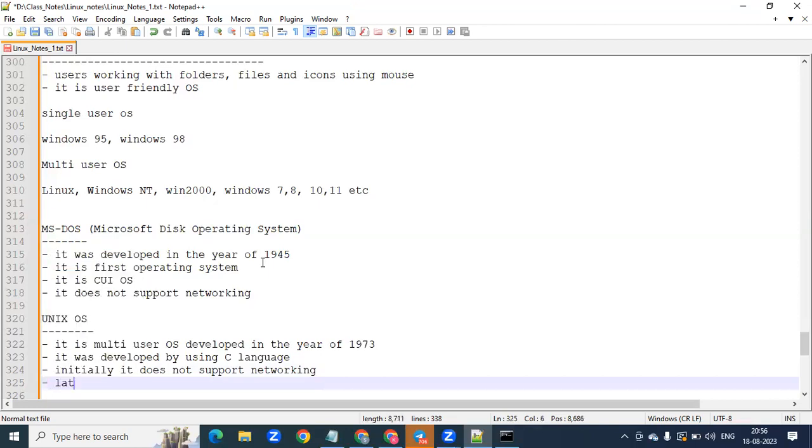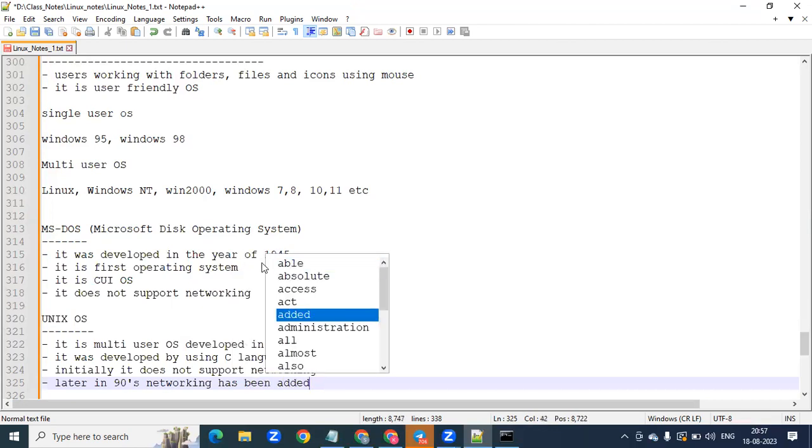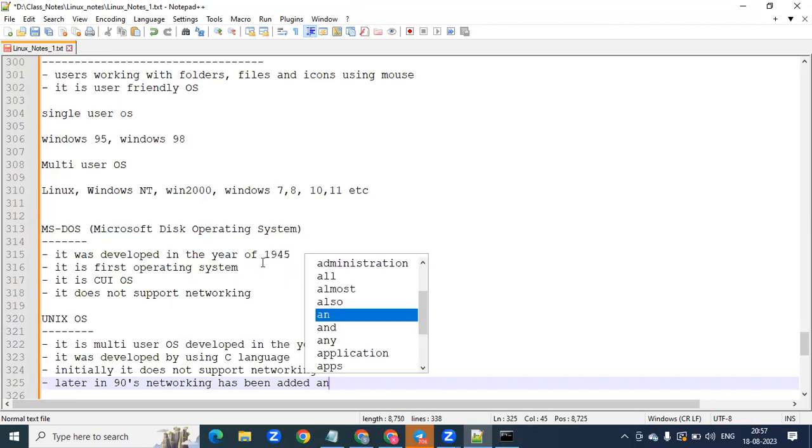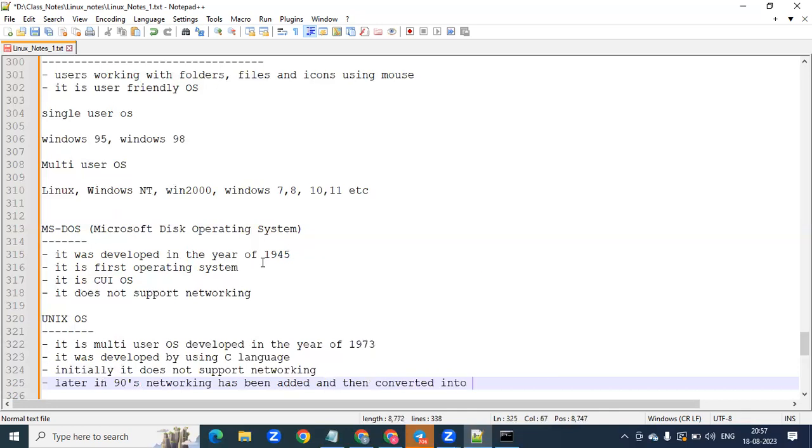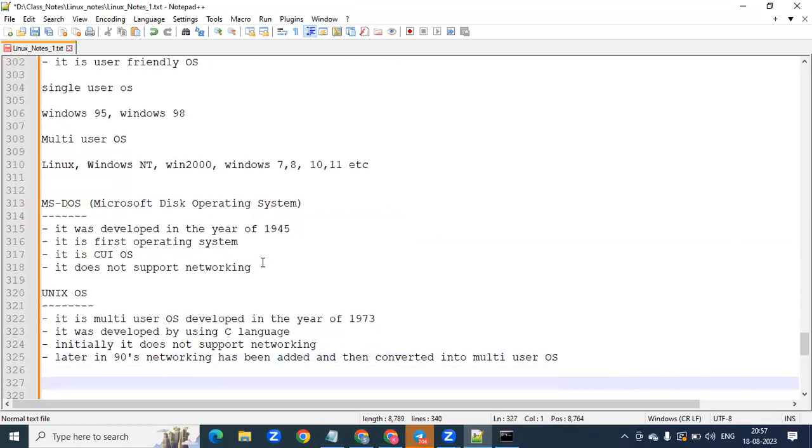Later, in the 90s, networking was added and then it was converted into a multi-user OS. From the beginning, Unix is an open source software.